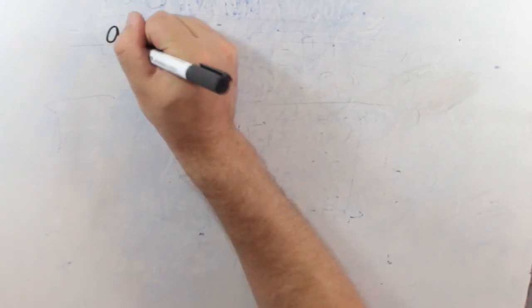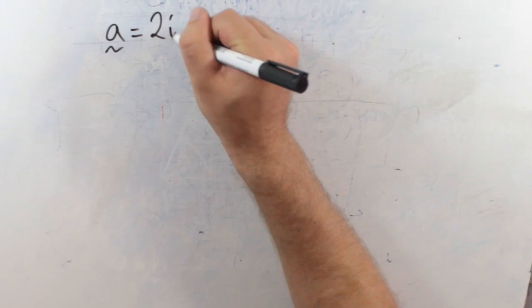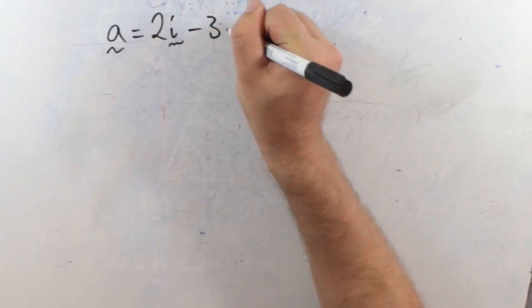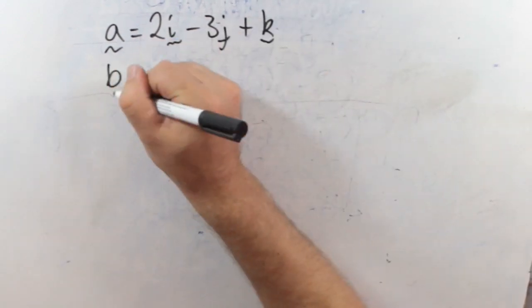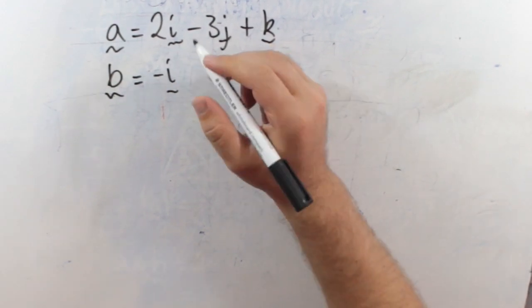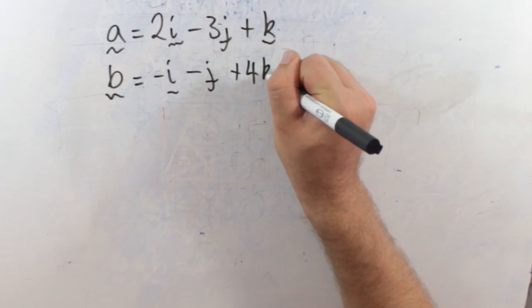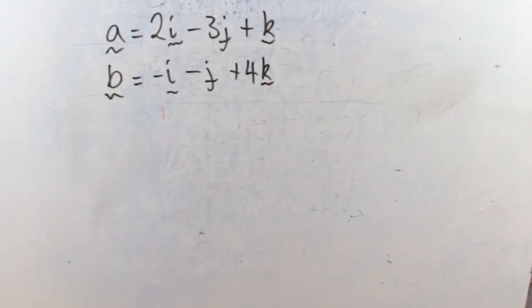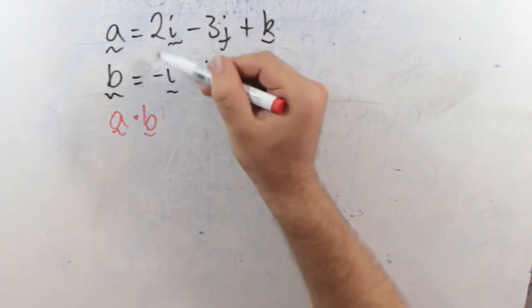So if I've got A equals 2i minus 3j plus k, and B equals negative i minus j plus 4k. So A dot B, I just multiply these two together.